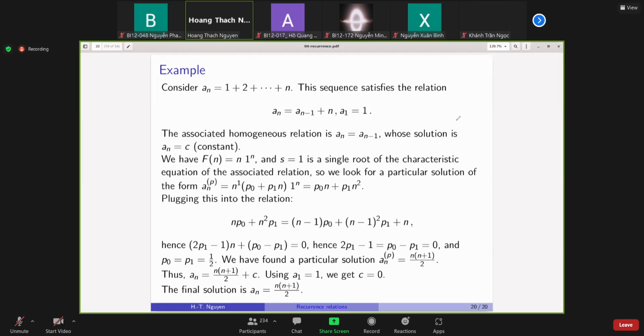Then you need to do some exercises in detail until the final result. And it is a good habit to check the result by plugging it into the relation to see if it verifies the relation and the initial conditions. Okay. So do you have any questions?